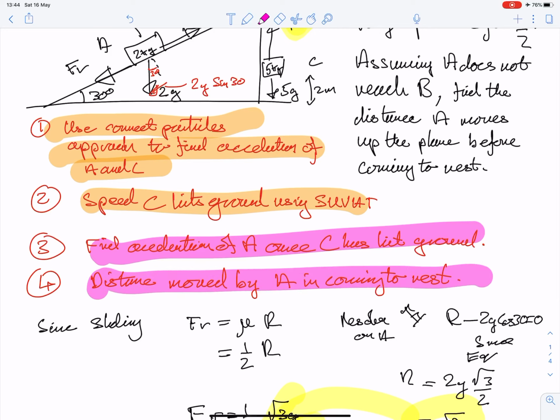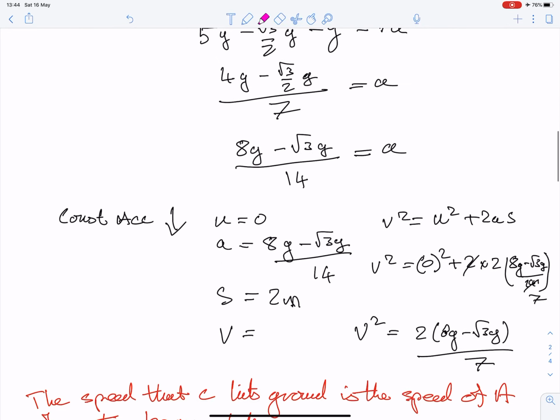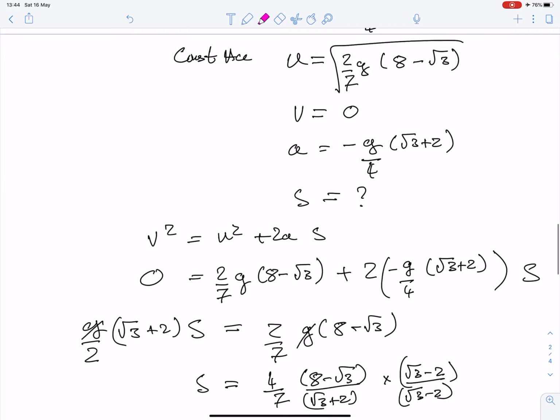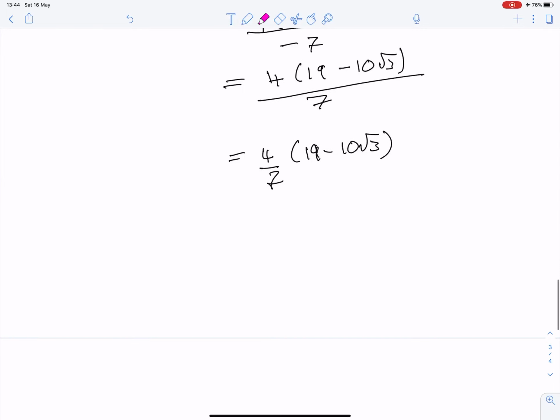So we will have on the bottom, root 3 times root 3 is 3, minus 4, so that's going to be minus 7 on the bottom.